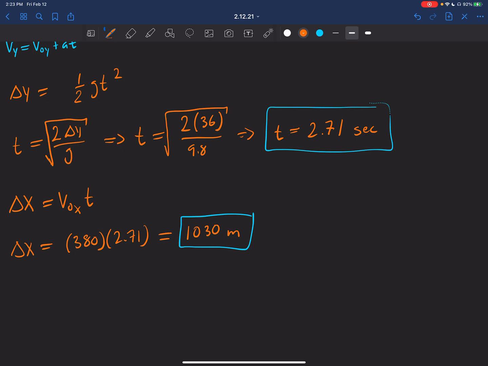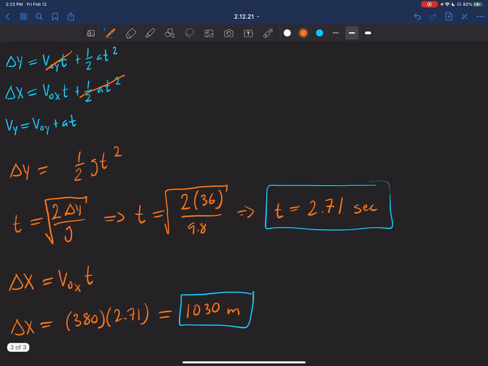And then the last part of the problem asks, what is the magnitude of the vertical component of the velocity as the projectile hits the ground? So for that, we're going to use the third blue equation.